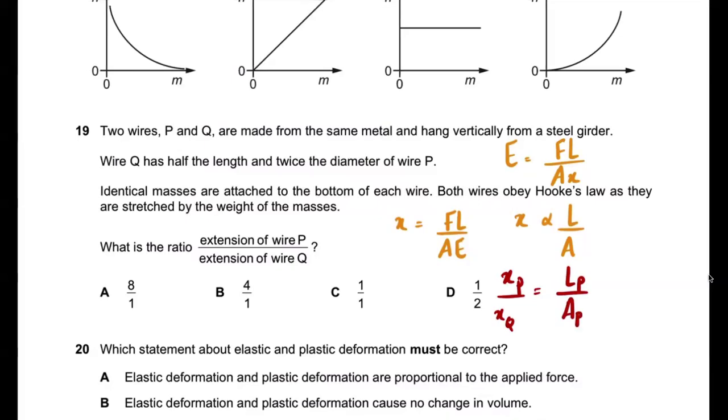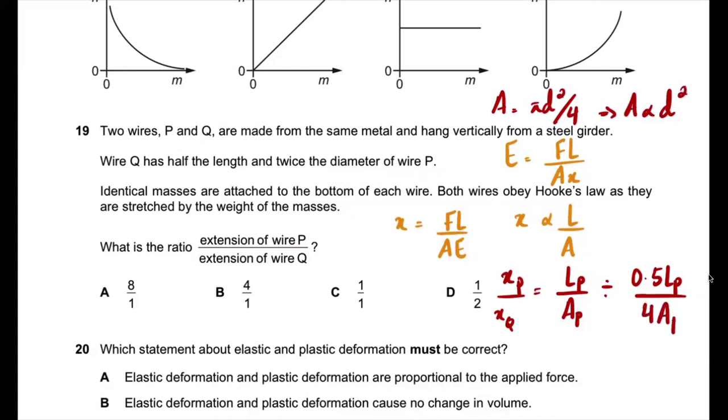Now, if I think about Q, so for Q, it has half the length. So here I would say it's 0.5 of the length of P. And compared to P, it has twice the diameter. Now, because area is pi d squared by 4, because of the diameter doubling, it would have 4 times the area, right? So this would be 4 AP.